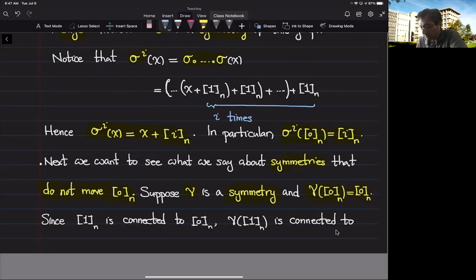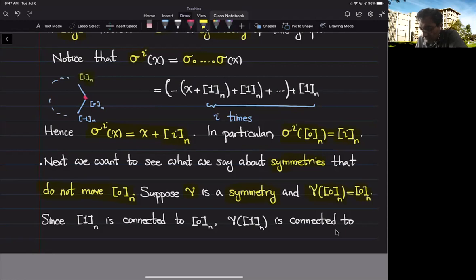So again, here is my graph. This is my 0. It has two neighbors. One of them is labeled by 1, and the other one is labeled by -1, or n minus 1. If I fix 0, these two vertices have two options.